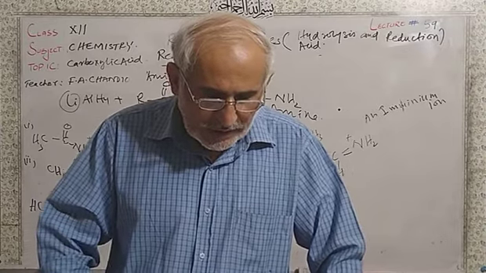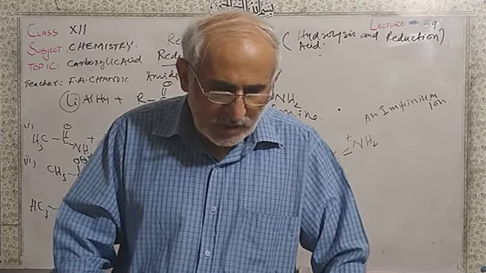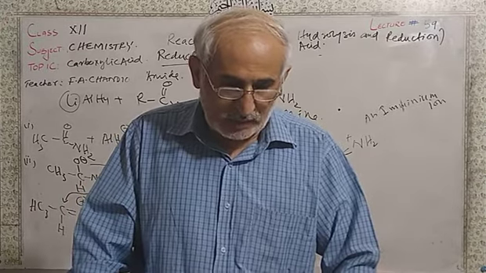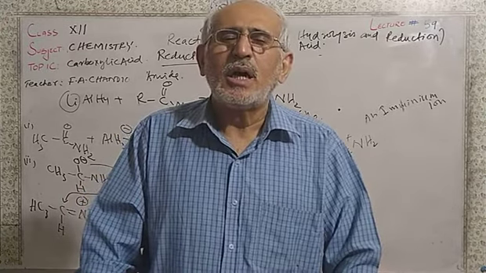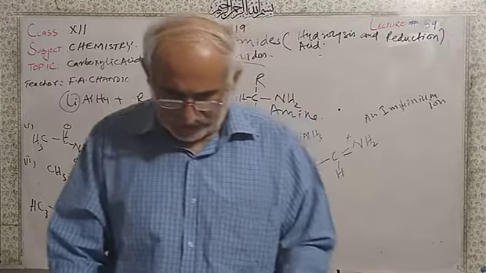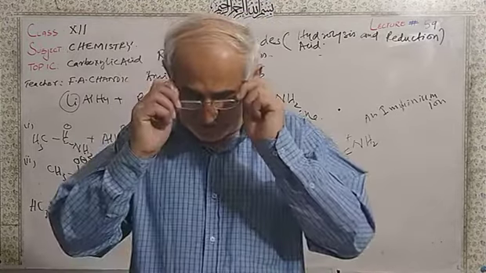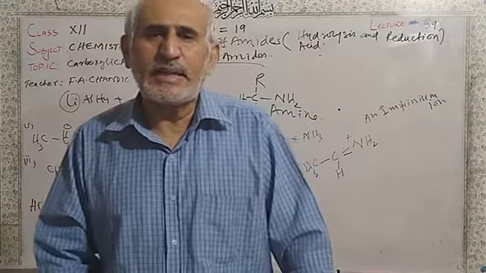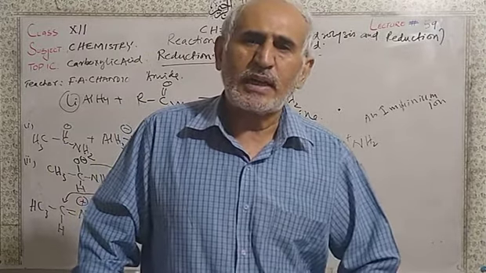So dear students, here we complete this chapter, carboxylic acid. So the organic section is completed, from chapter number 15 to chapter number 20. Here we complete the full section of organic chemistry, and previously we completed chapters 13 and 14 for the inorganic.